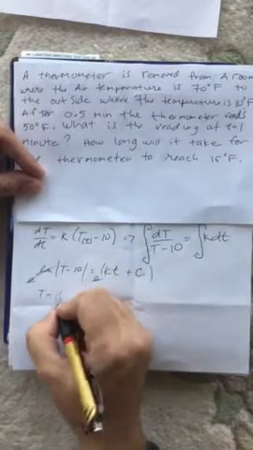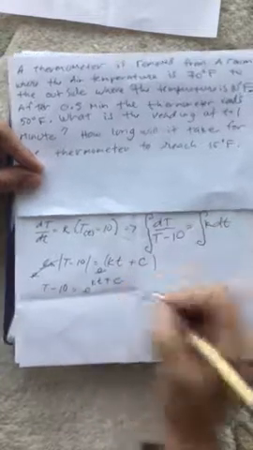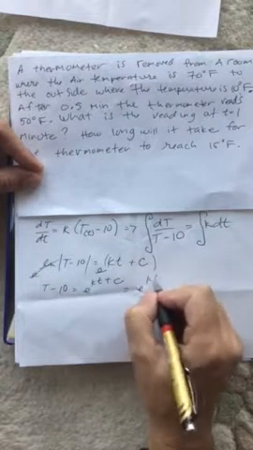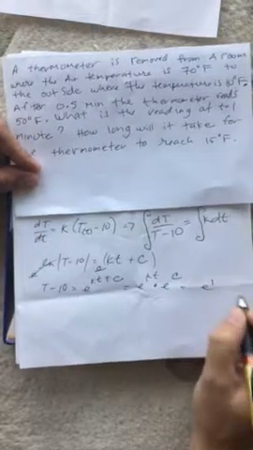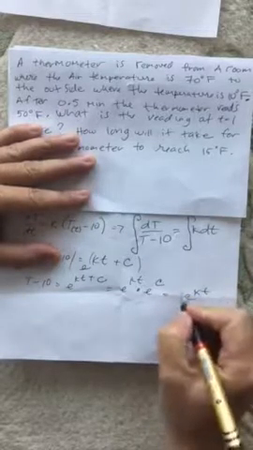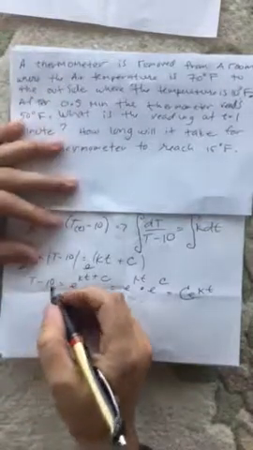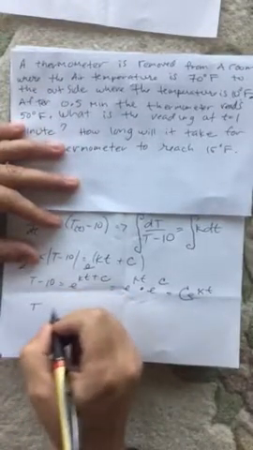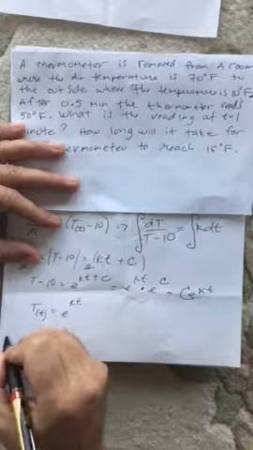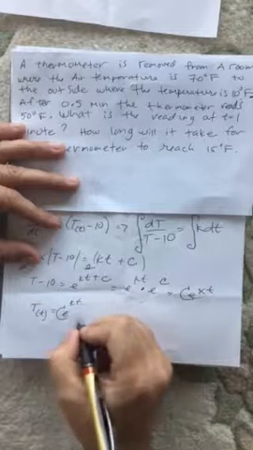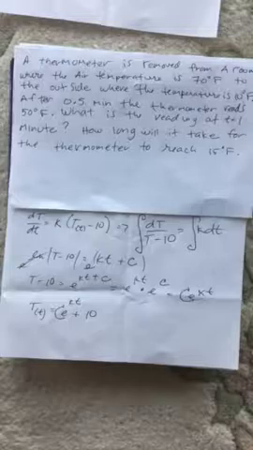Now that's going to be T minus 10 equals e to the kt plus c, which just equals e to the kt times e to the c, which is just e to the kt times the constant. So let's write that final thing down there. So T as a function of time equals e to the kt times c plus 10. There's your generic equation.